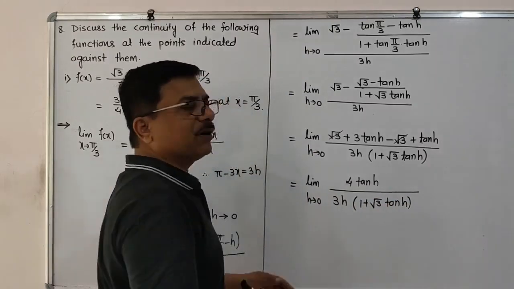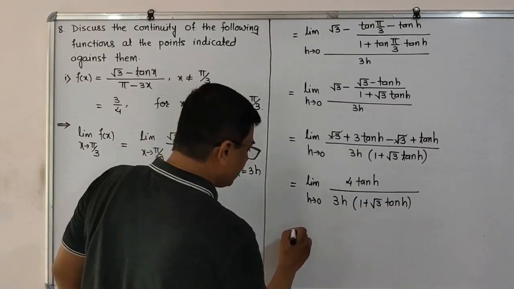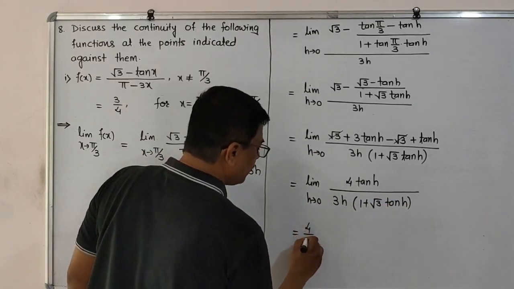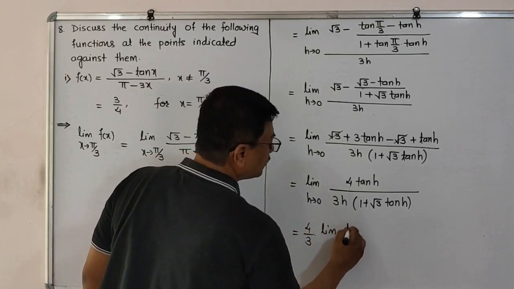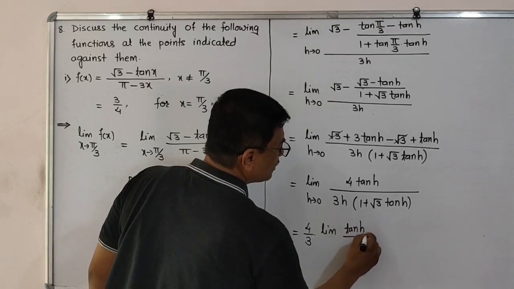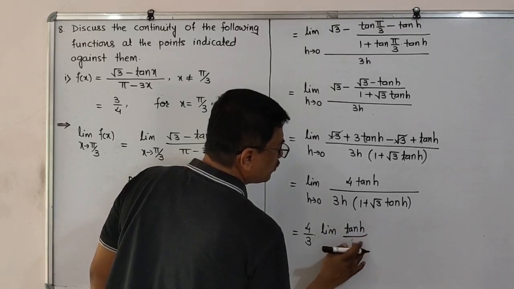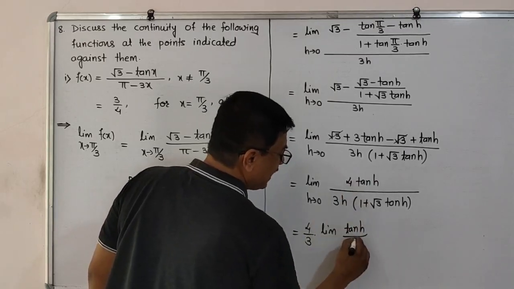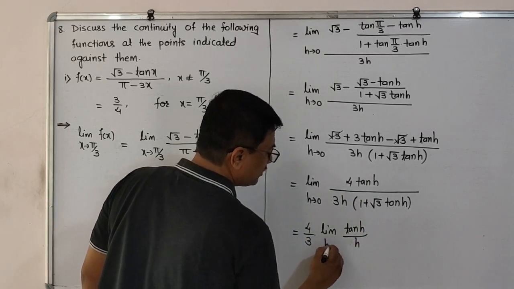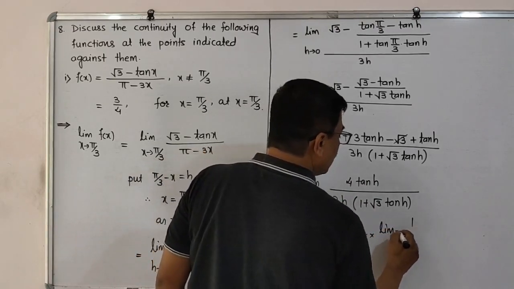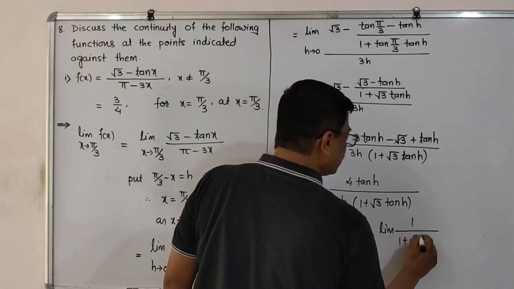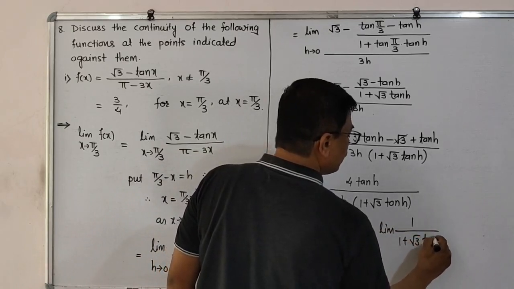Now using the algebra of limits, we can separate it. It is 4 by 3 into the limit of tan h upon h as h tends to 0, into the limit of 1 upon (1 plus root 3 tan h) as h tends to 0. Look at this step.